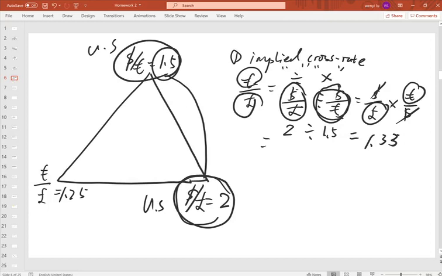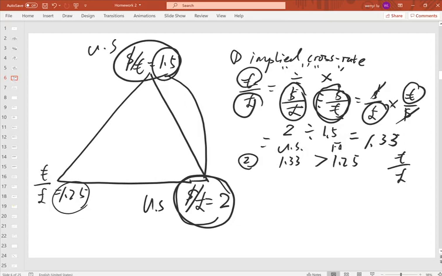The next step, we will compare this one with our foreign bank's quote in the cross rate. You can see 1.33 is bigger than 1.25. And this quote is from the euro to pound, and this is in the US.